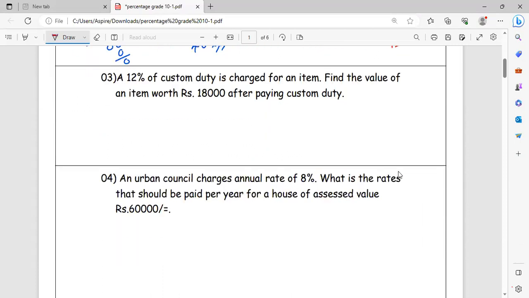Third one, 12% of custom duty is charged for an item. Find the value of an item worth 18,000 after paying custom duty. Custom duty එක pay කරාට පස්සේ මෙන්න මේ 18,000 which item එකේ value එක අහනවා.